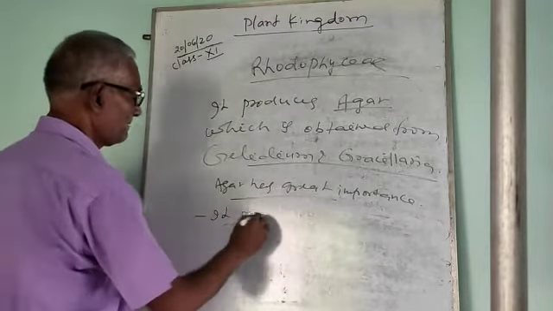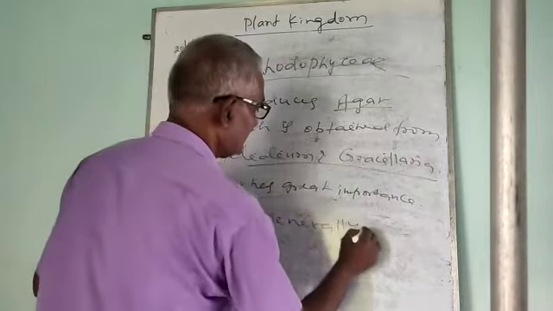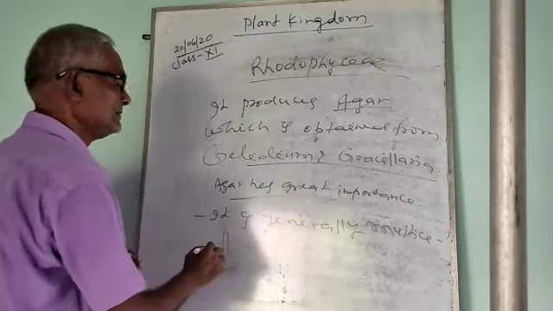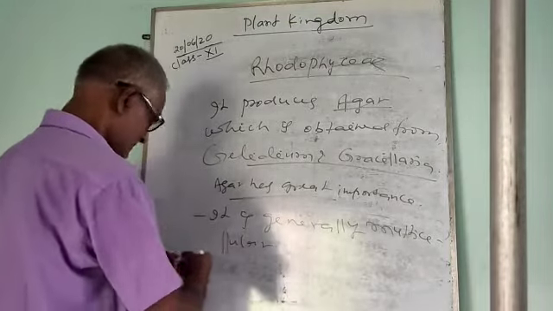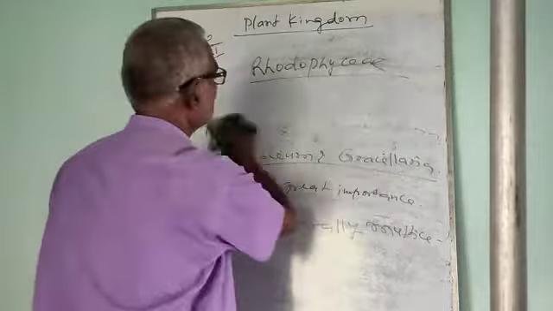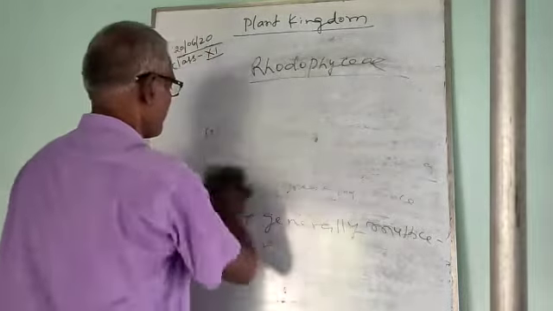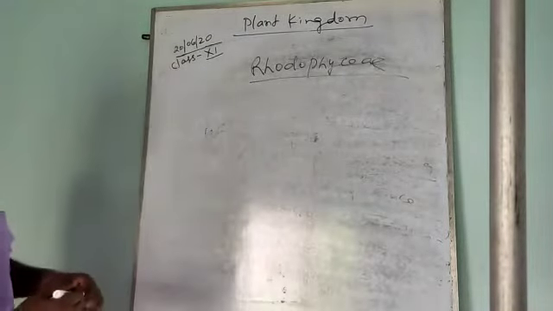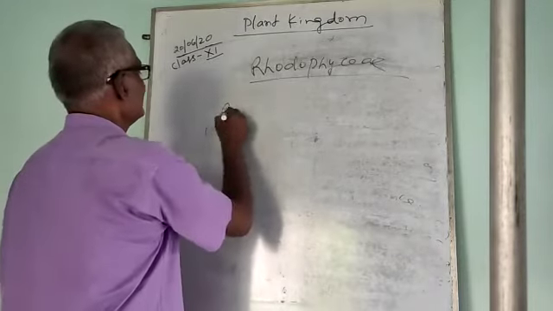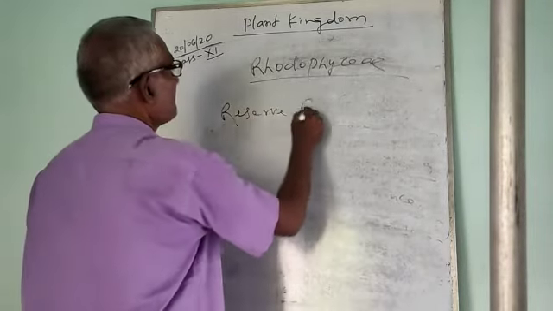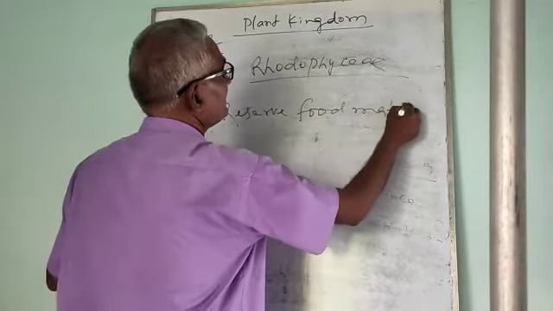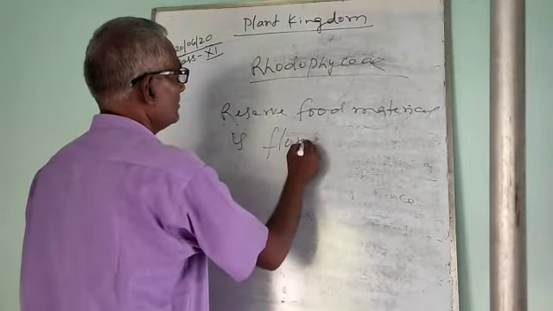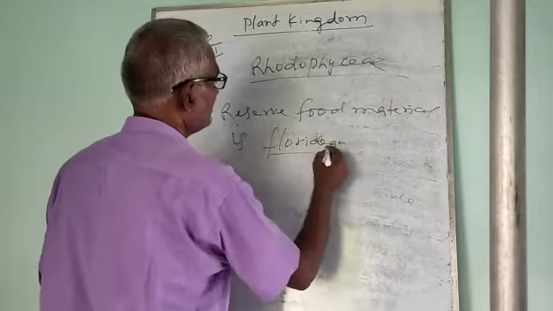And the reserve food material in red algae is Floridean starch.